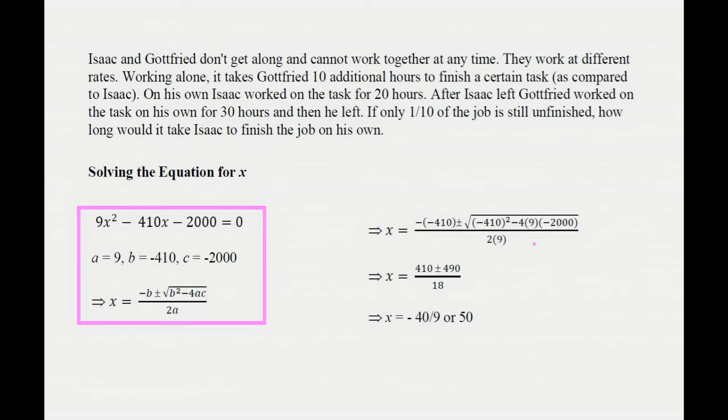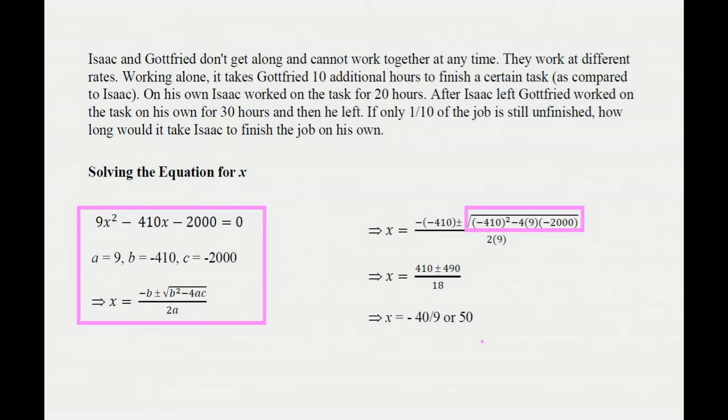Take a look, and if you do your calculation right, this whole quantity simplifies to a nice number, 490, and the values of x that I get are negative 40 over 9 or 50.